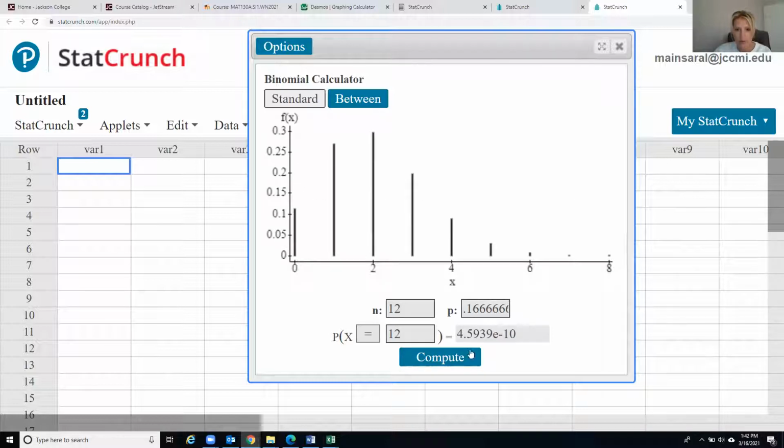Wow, that is extremely small. Very close to 0. So let's just write that down. 4.5939 times 10 to the negative 11. So that is extremely small, which tells us that it's very unlikely.